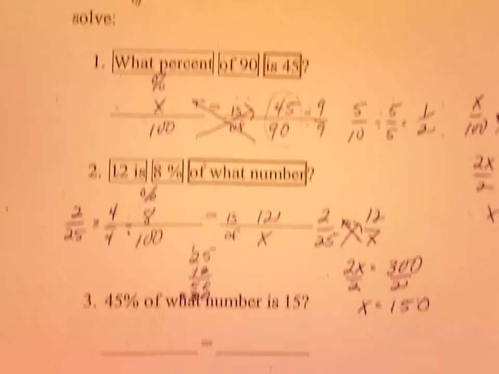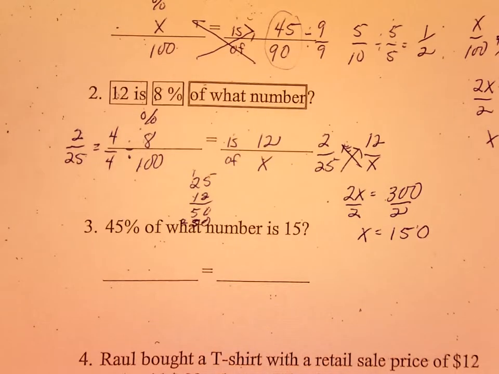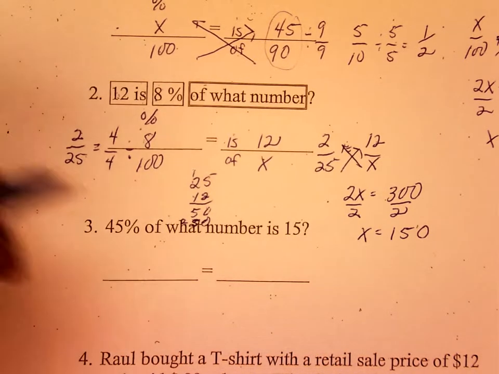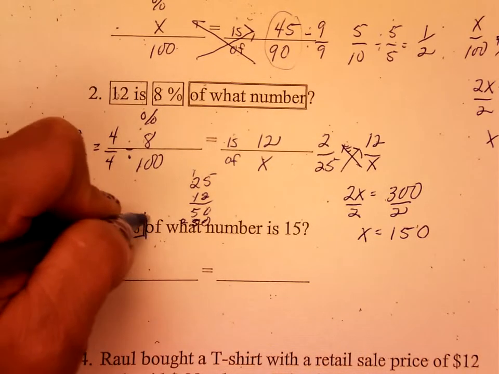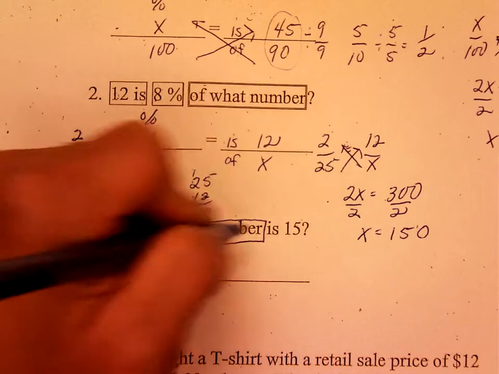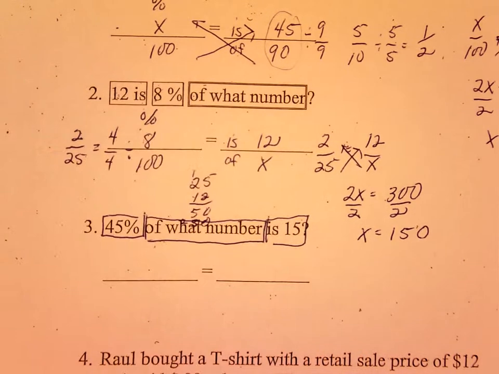Okay, try number 3. See if you can put the box around where the words go and try to solve your equation. When you're ready, go ahead and push play. So you should have made a box around 45% of what number is 15.